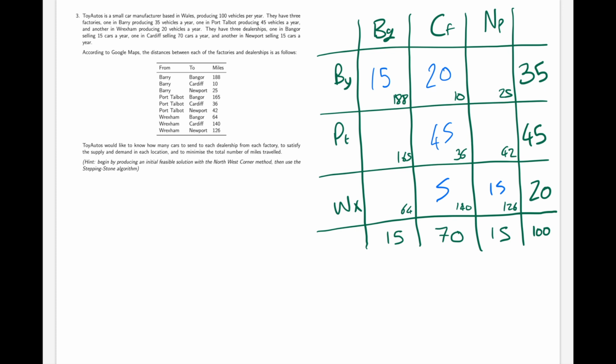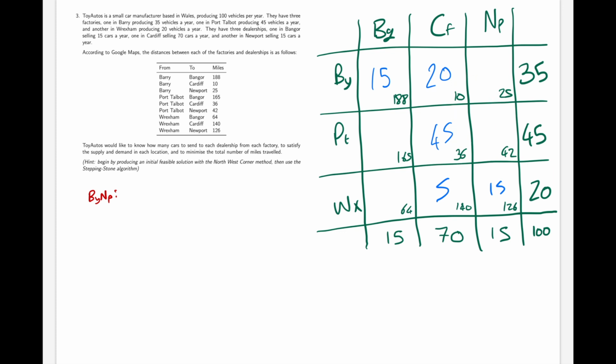We'll now perform the stepping stone algorithm, so we'll consider every non-basic variable. So the first non-basic variable we'll consider is the Barry-Newport route. This route begins here, and we want to make a loop from here back to itself, only turning at each of the basic variables. So we can go down to here, across to here, up to here, and back.